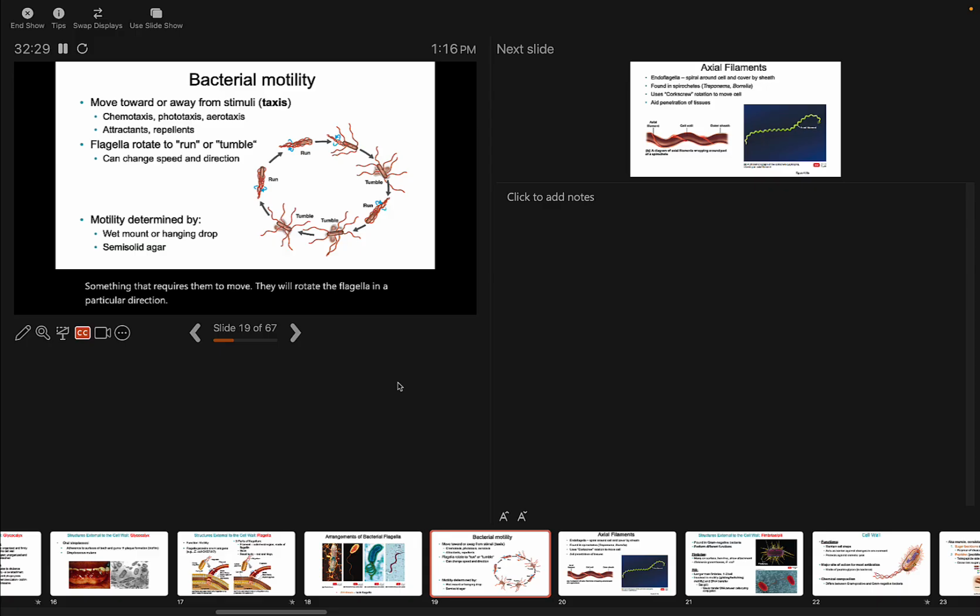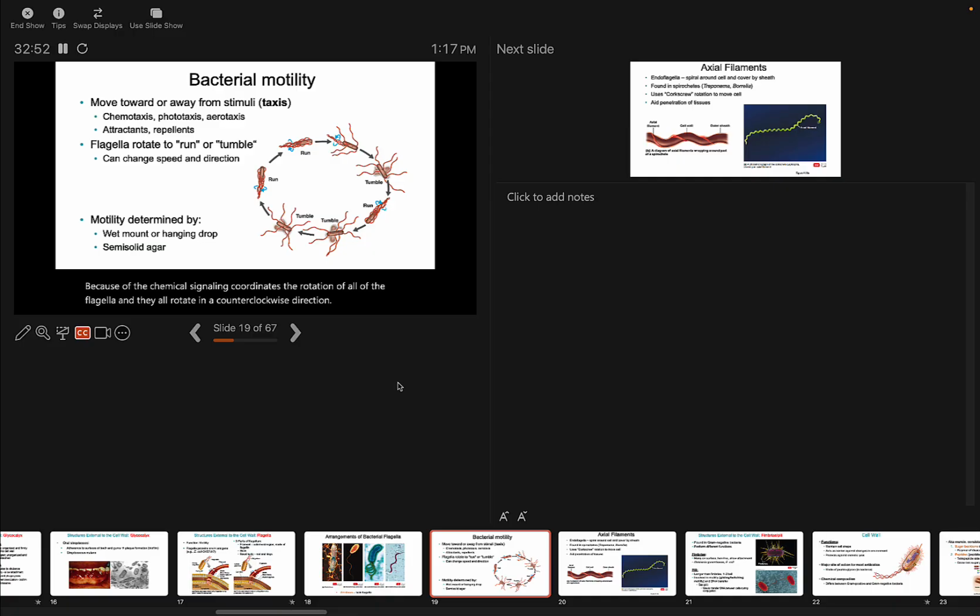So in this example, they're showing a bacterium with peritrichous flagella. So you know it's peritrichous because they're all over the cell. So this bacterium with peritrichous flagella, because of the chemical signaling, coordinates the rotation of all of the flagella, and they all rotate in a counterclockwise direction.